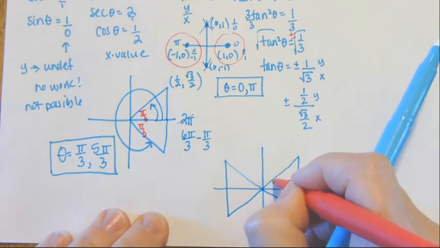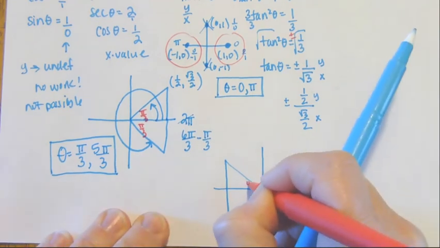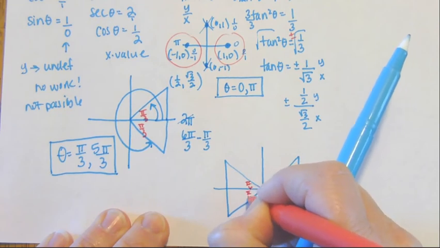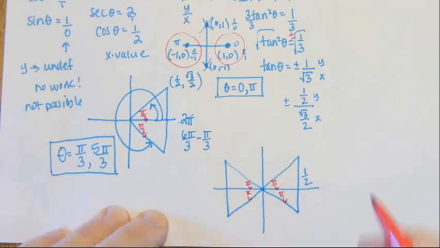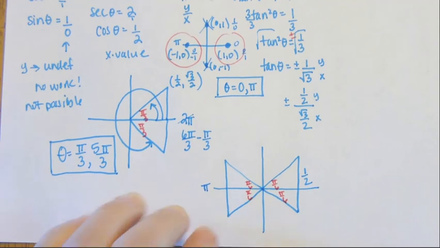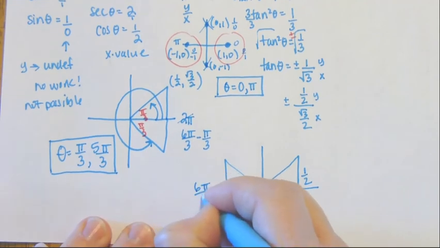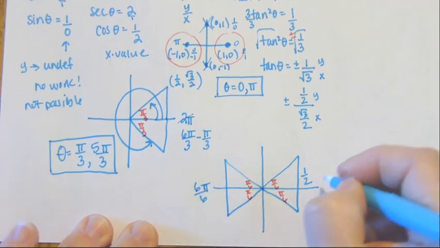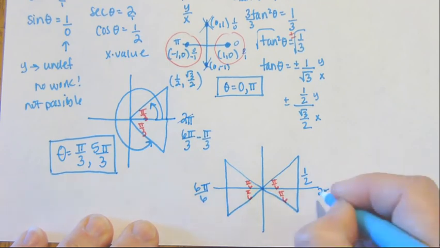So pi over 6, all of these reference angles are pi over 6. And then we're going to use those to find our angles. And again, we made all 4 because it was plus or minus. Over here, I'm going to label that as pi, since we're dealing with a 6. I'm going to change that to 6 pi over 6. And then a full circle would give me 2 pi.